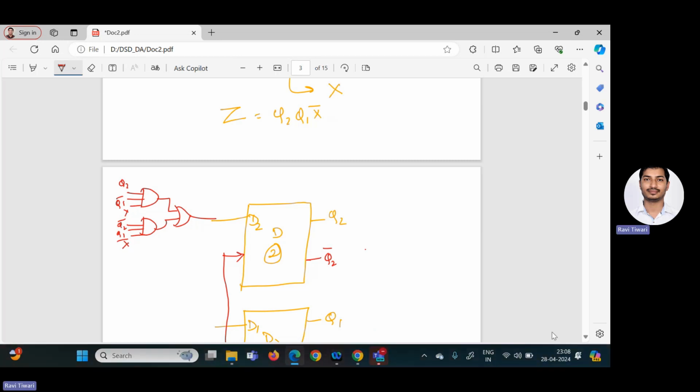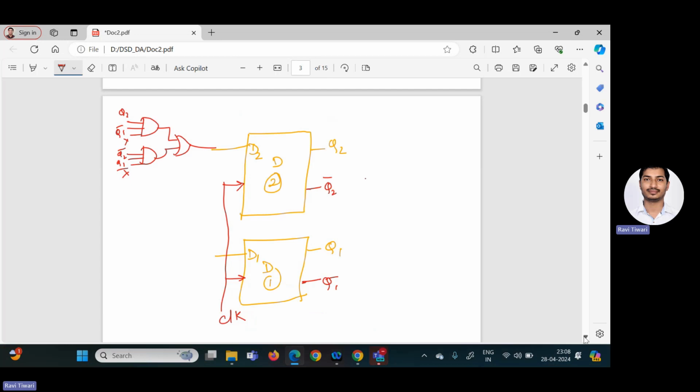Similarly, what is D1? D1 is directly X, so you can write down X here. And for Z, it is Q2, Q1, and X bar, that we have to give to the AND gate. Whatever output you get will be represented by Z. So this is the Mealy machine for 1010 non-overlapping.